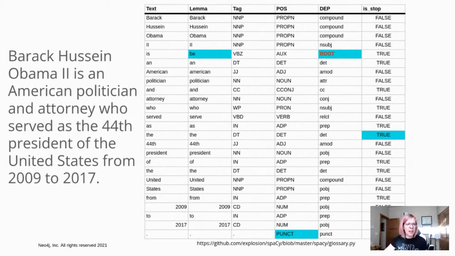Okay, so here's the first sentence in that Wikipedia entry: Barack Hussein Obama II is an American politician and attorney who served as the 44th President of the United States from 2009 to 2017. What we do when we do NLP, and this is for you students out there or people who are not data scientists but work with them, this is how NLP works.